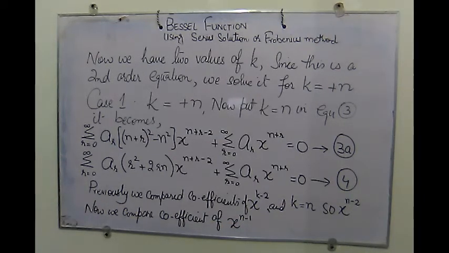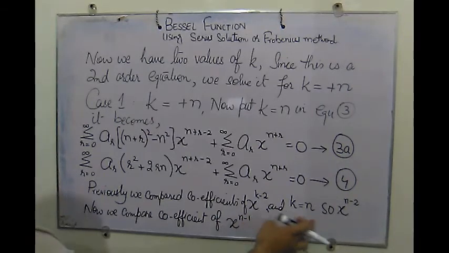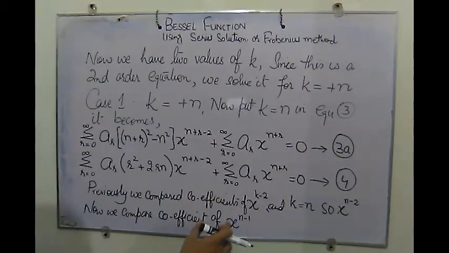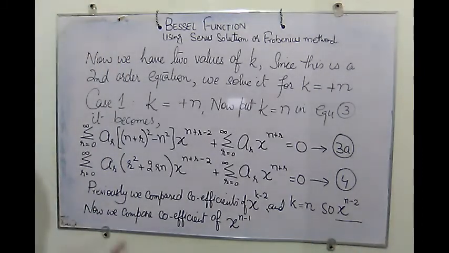Now previously we compared the coefficient of x to the power k minus 2, the minimum power of x, and since k is equal to n, we compared the coefficient of x raised to the power n minus 2. Now we compare the coefficient of x raised to the power n minus 1.